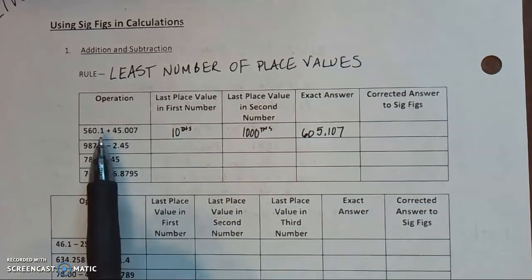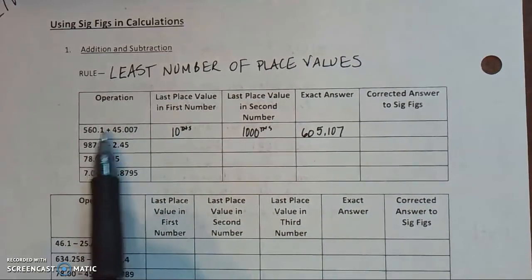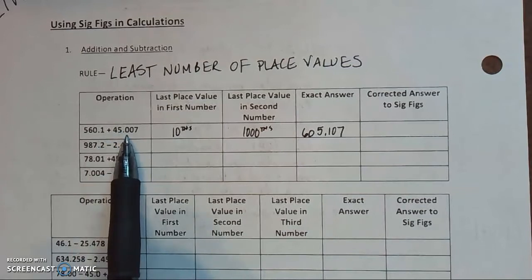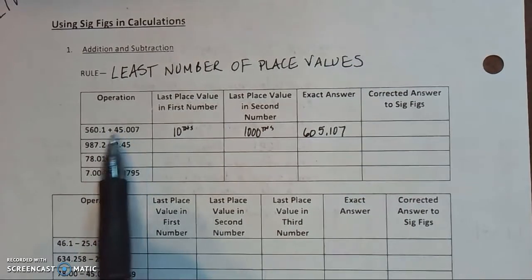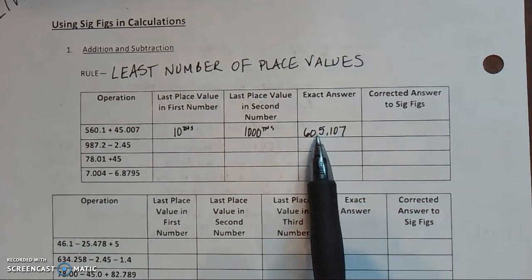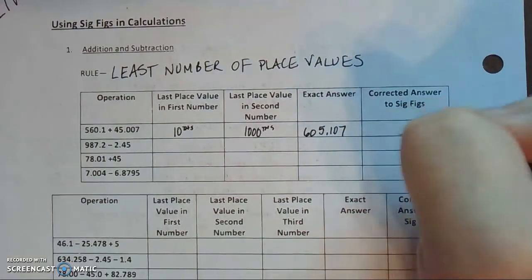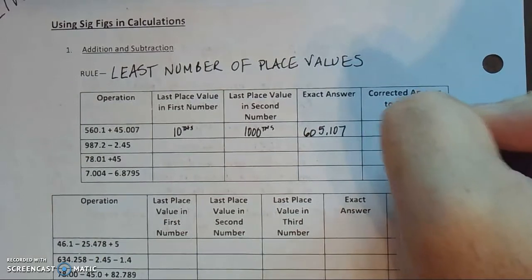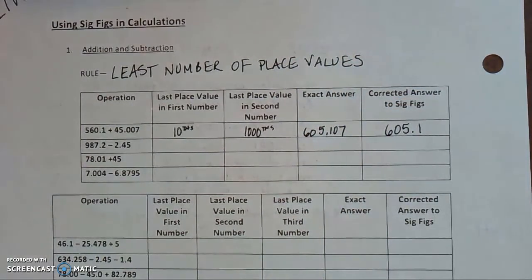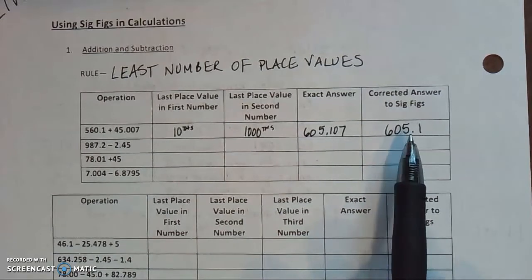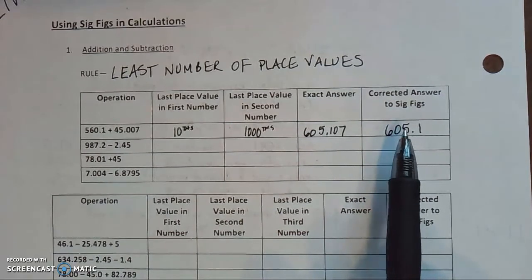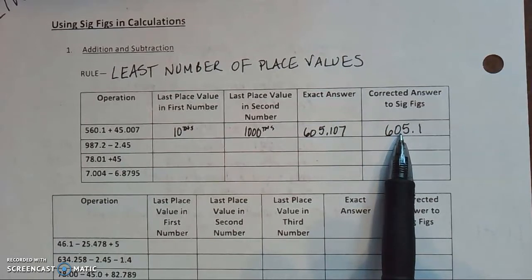We look at it and see that both of these have the tenths place in common. That's our least number between the two. So we have to round this to the tenths place. Our exact number becomes 605.1, because that is the only valid answer based on the level of uncertainty.